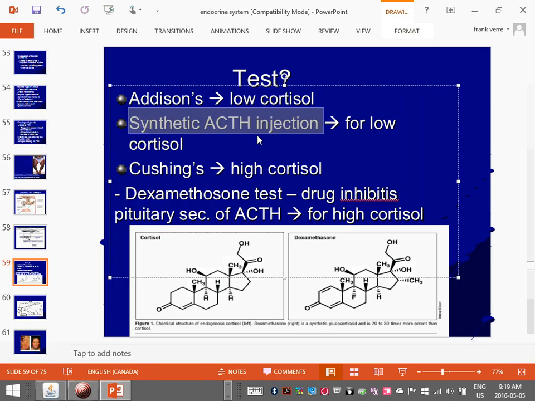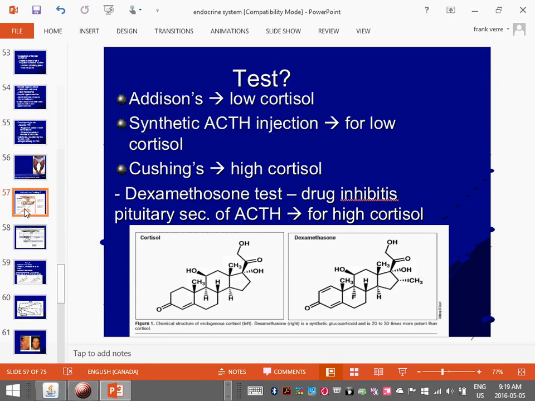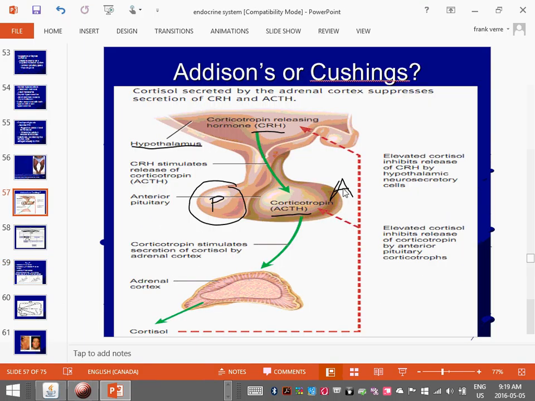So you give them ACTH, and it's probably suggesting there's something wrong with the adrenal glands, okay? Because you've given them the ACTH and the adrenal gland did not respond to it, probably you have an issue here with the adrenal gland, okay?